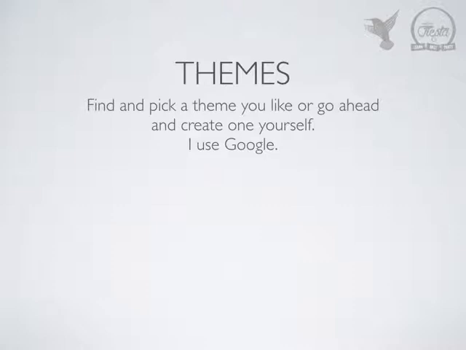If you're familiar with coding, there is a tool called Less CSS. The Bootstrap library was written with that, and if you're familiar, it shouldn't take long for you to get familiar with it and create your own theme. Whenever I need anything, I just use Google.